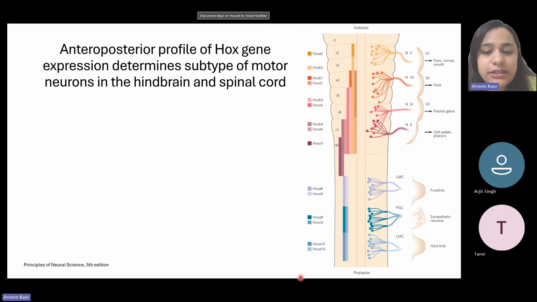These different Hox subtypes lead to the determination of different kinds of motor neurons that innervate either the forelimbs, the sympathetic neurons, or the hind limbs, etc.